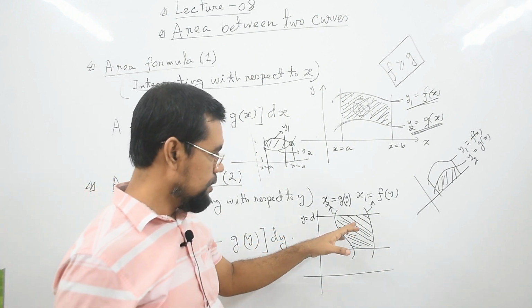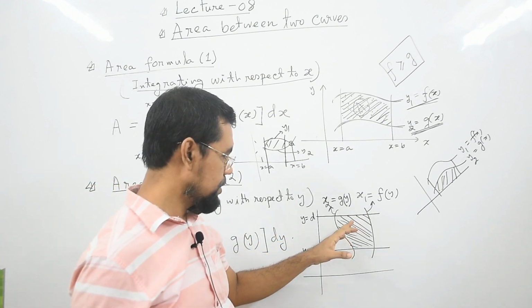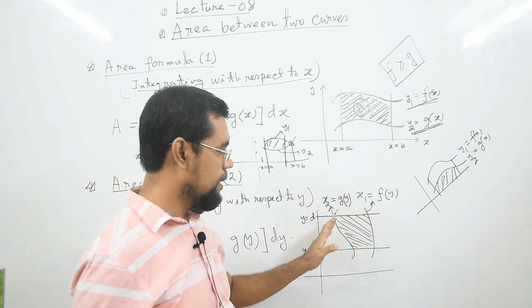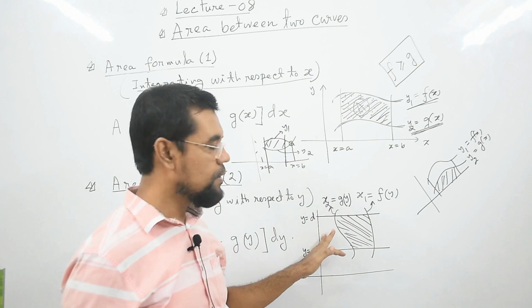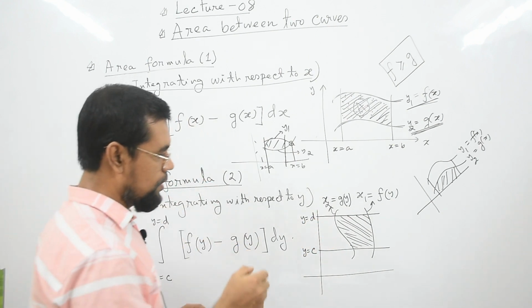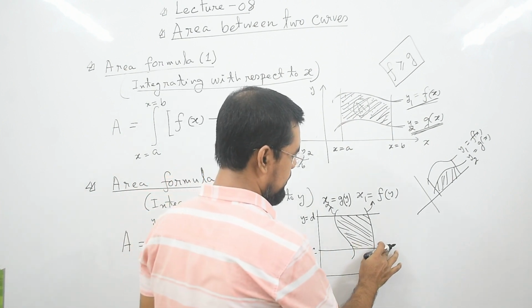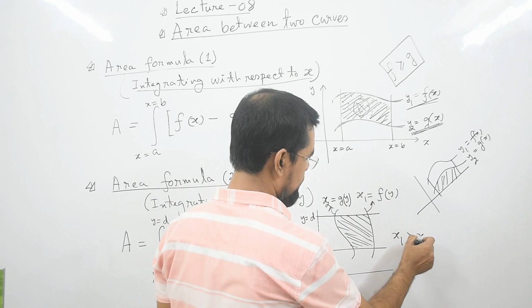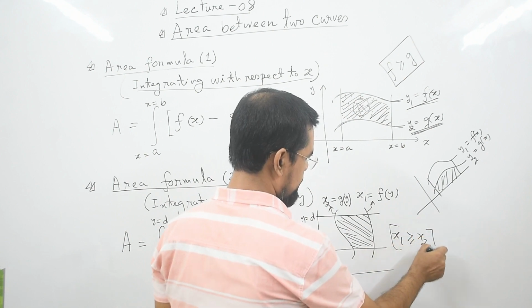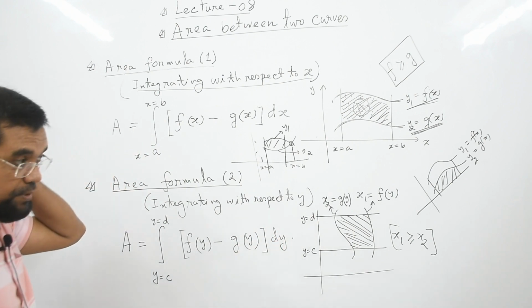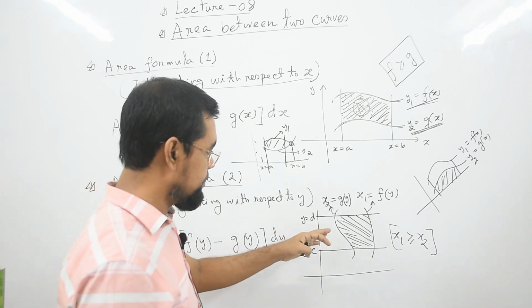If your region is bounded on the right by a curve and on the left by another curve, the curve on the right is the larger one. Here x1 is greater than or equal to x2, because the curve on the right side is greater than the curve on the left side.